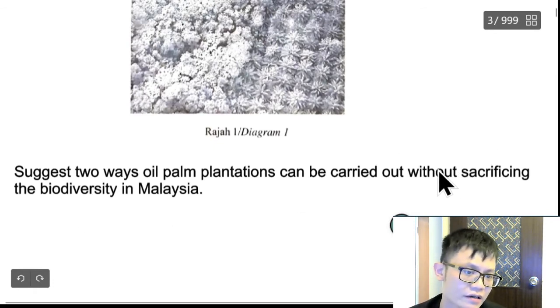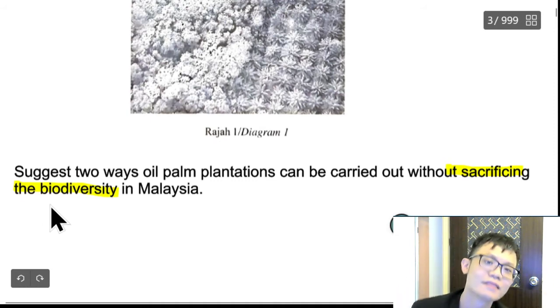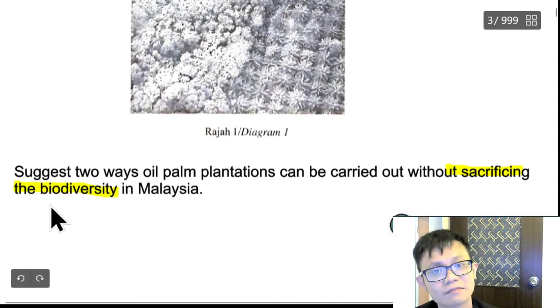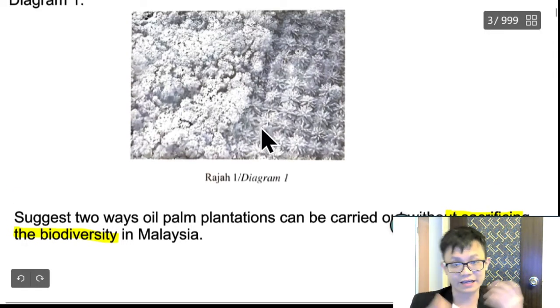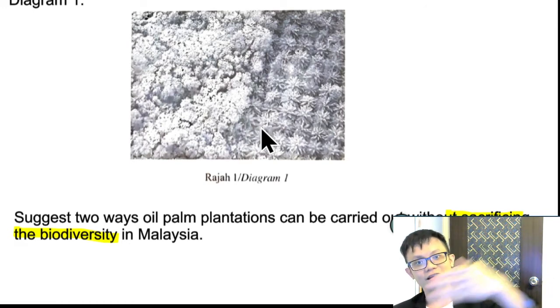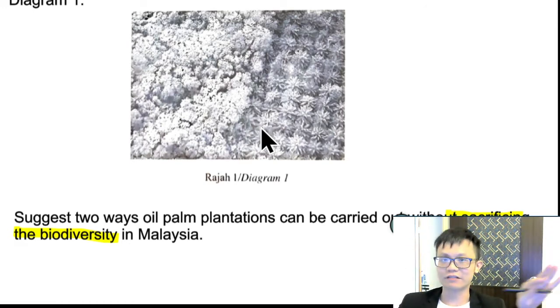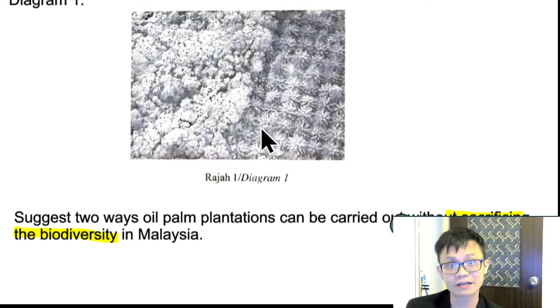the biodiversity. When I was young, I thought planting this was good. I mean with oil palm you can get money and you have a lot of trees. When you go through the highway, wow, I see a lot of trees. Good, a lot of trees, we are not destroying the biodiversity.